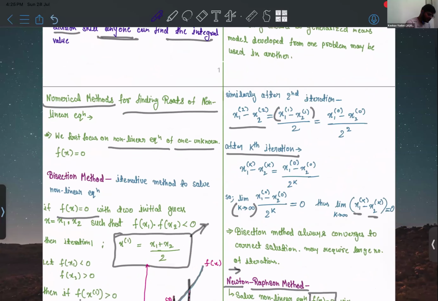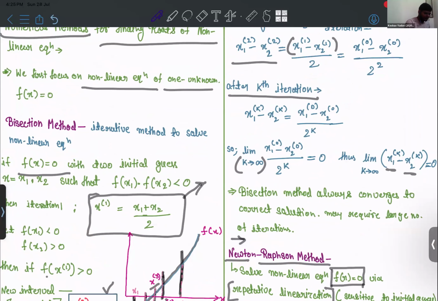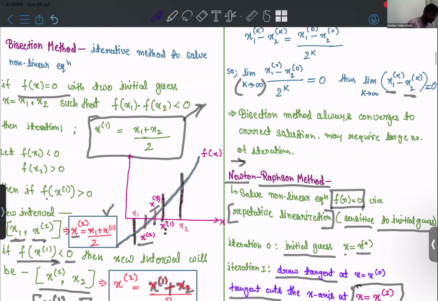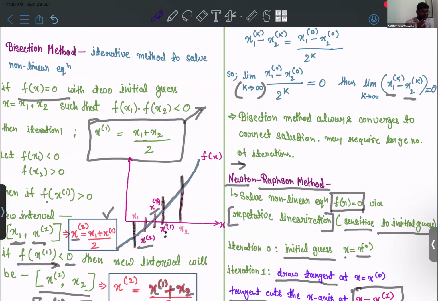Then we have seen numerical methods for finding the roots of nonlinear problems. First, we covered nonlinear equations with only one unknown. There we first discussed the bisection method, which solves the nonlinear problem iteratively. The initial guesses x1 and x2 should give function values of opposite sign, so their multiplication should be less than 0.